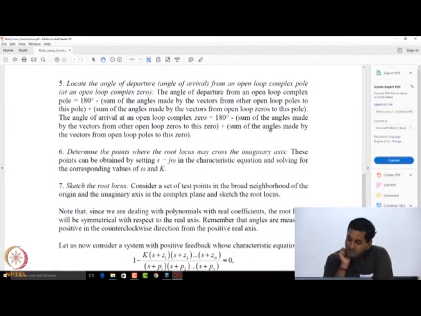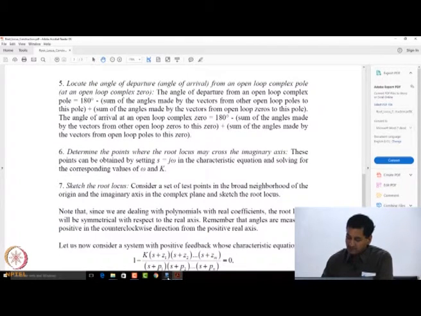The angle of departure from an open loop complex pole is going to be 180 degrees minus the sum of the angles made by the vectors from the other open loop poles to this pole, plus the sum of the angles made by the vectors from open loop zeros to this pole. That is the equation for calculating the angle of departure.